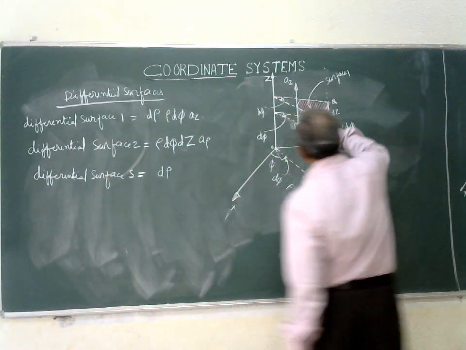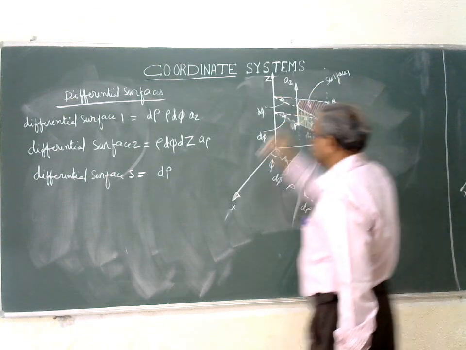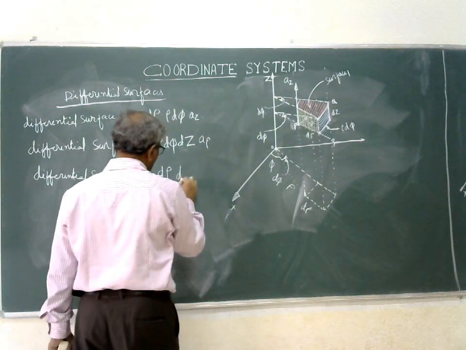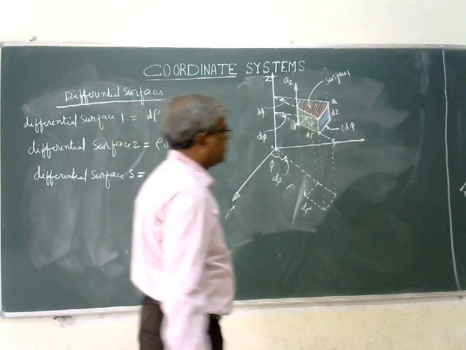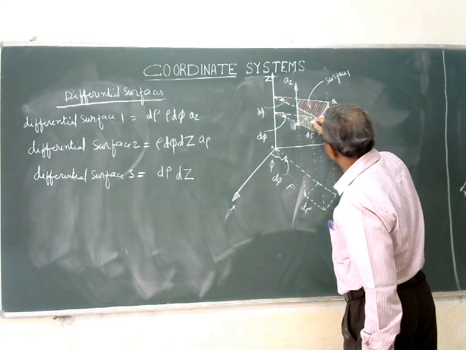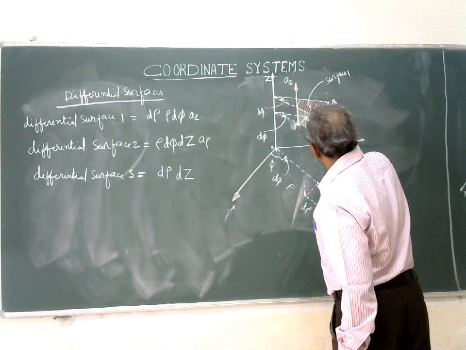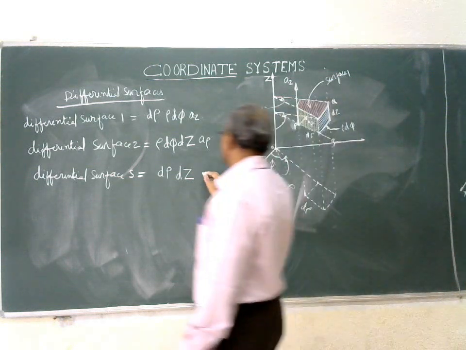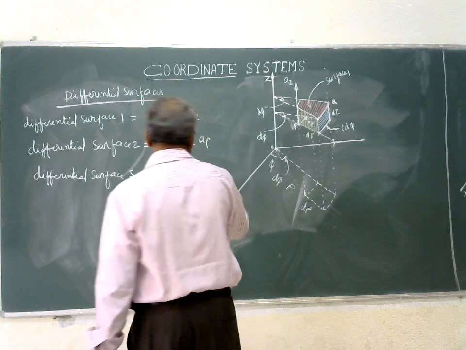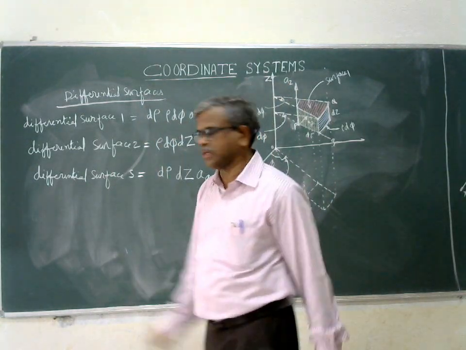What is the height of this one? dz. What is the vector normal to the surface? a phi. So these are the three differential surfaces.